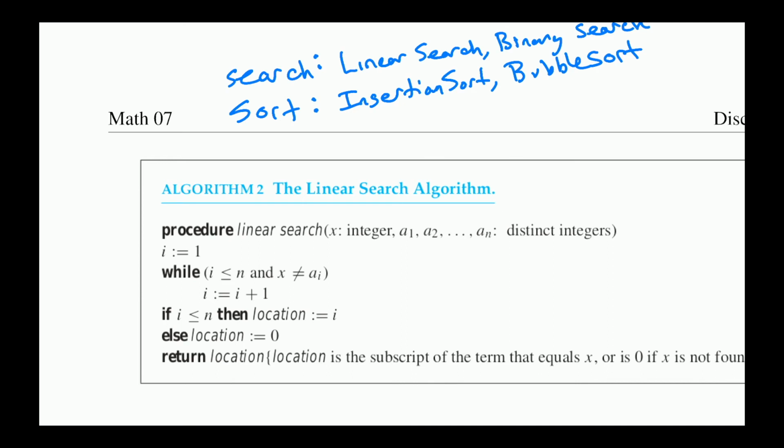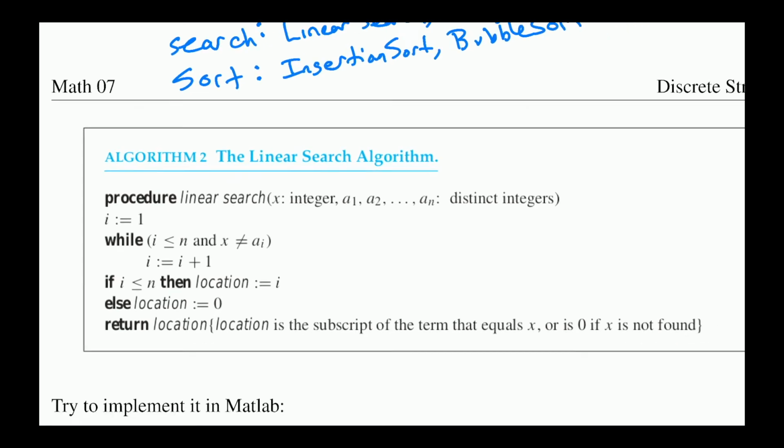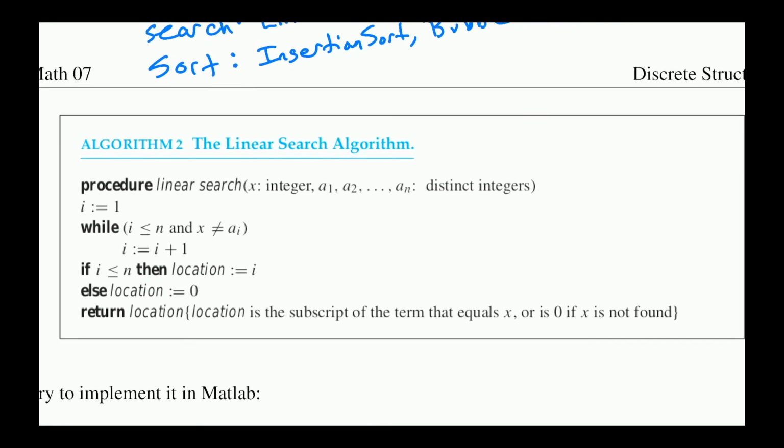All right, let's talk about this. So linear search. You've got a list of numbers, right? So you have a key. Here's an example. The key could be x equals 7.